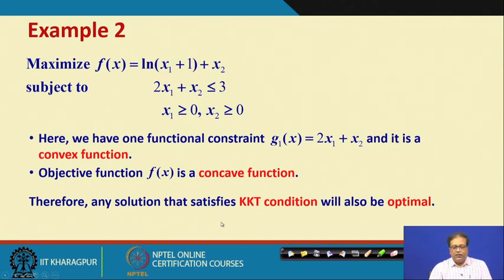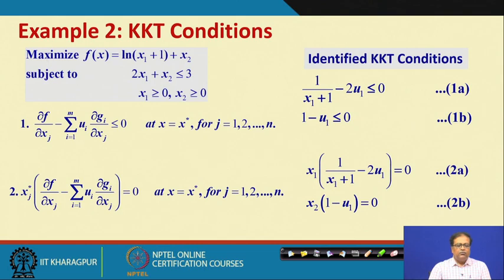So, if we find a solution that satisfies the KKT conditions, that will be optimal. Is it all right? So, that is the starting point. Let us see how we obtain the KKT conditions.